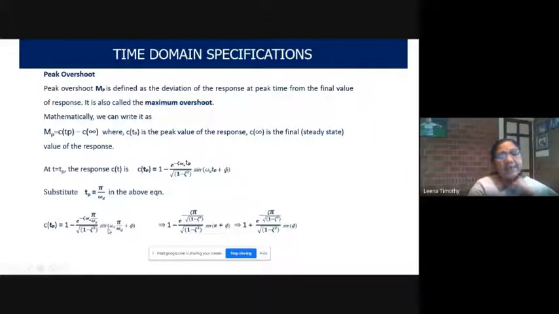Sine, again here also omega d into Tp is equal to pi by omega d. So sine of pi plus phi. Now sine of pi plus phi is equal to minus sine phi. So this minus will become plus: 1 plus e raised to minus theta pi by root of 1 minus theta square, by root of 1 minus theta square, sine phi.